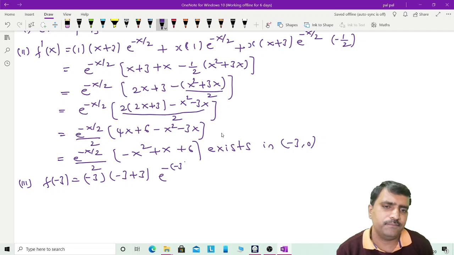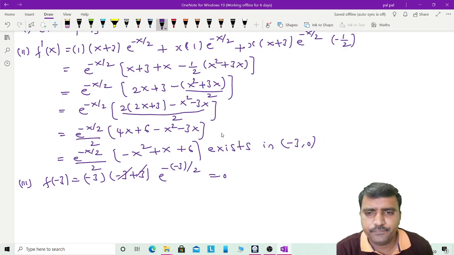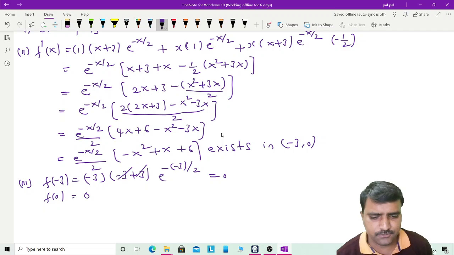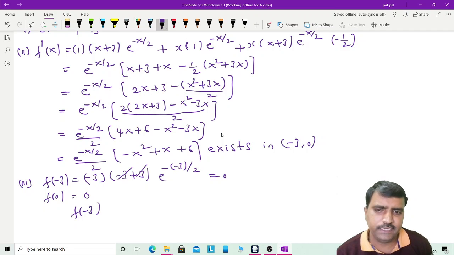Minus 3 plus 3 cancels, it becomes 0. 0 into anything is 0, so this is 0. Next, f of 0 you take, since x is 0, 0 into anything is 0, giving 0 to x all terms become 0. So f of 0 is 0, that is f of minus 3 is equal to f of 0.